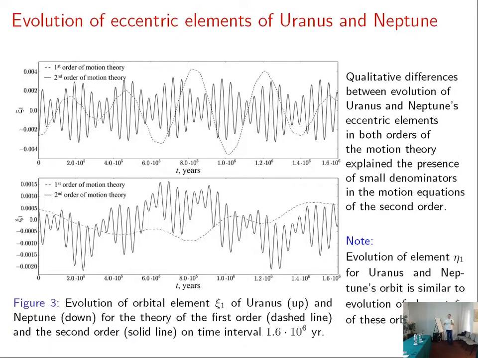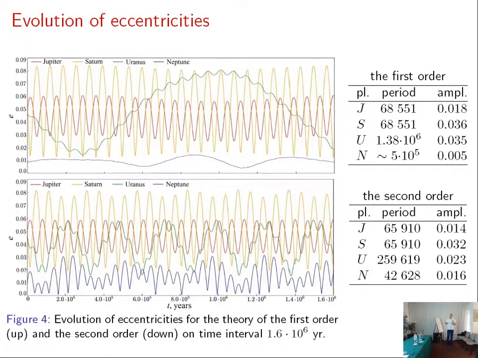Let's consider the evolution of eccentricities. The upper figure represents eccentricities of giant planets of solar system on time interval 1.6 million years in the first order of motion theory.